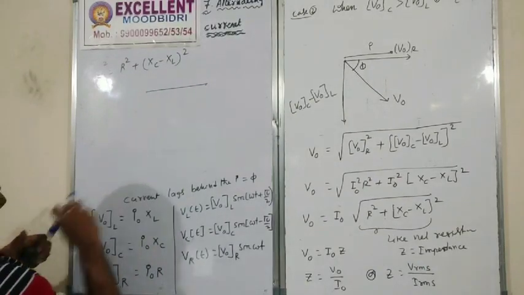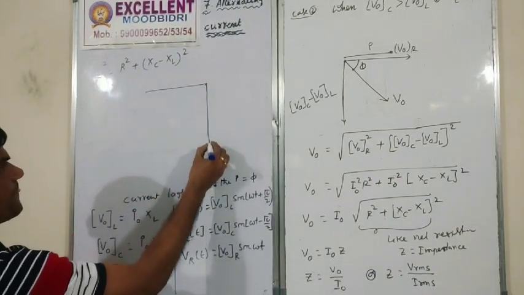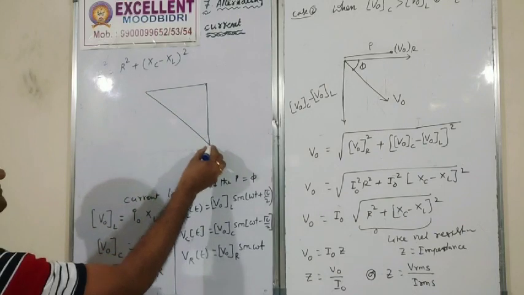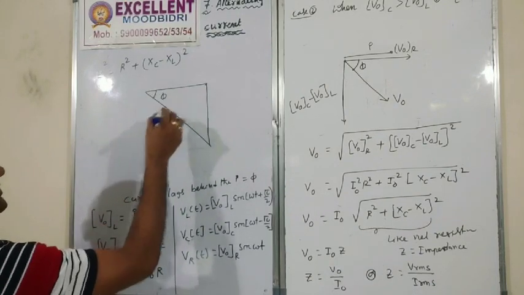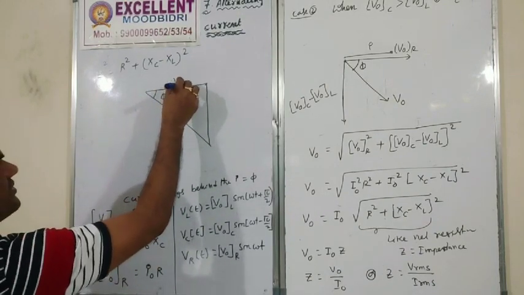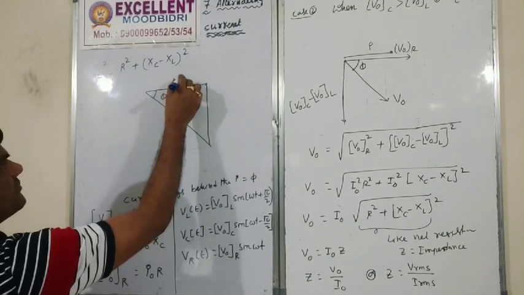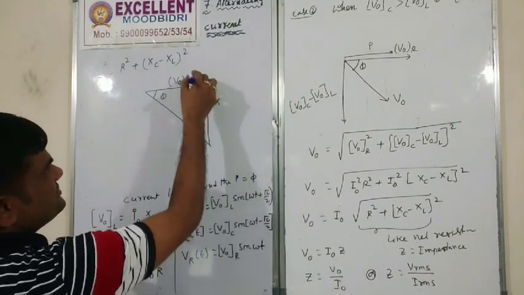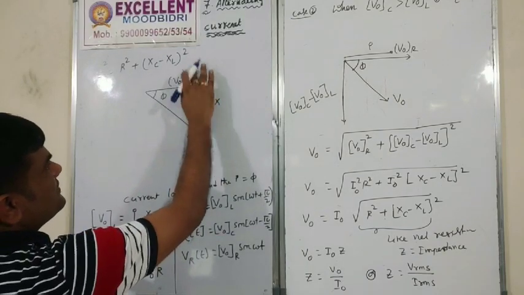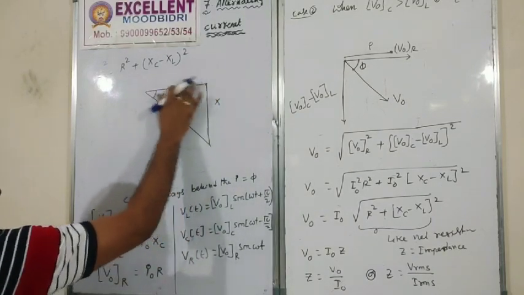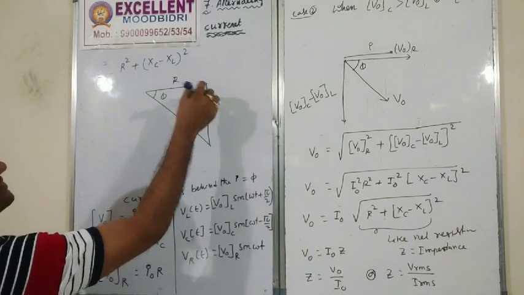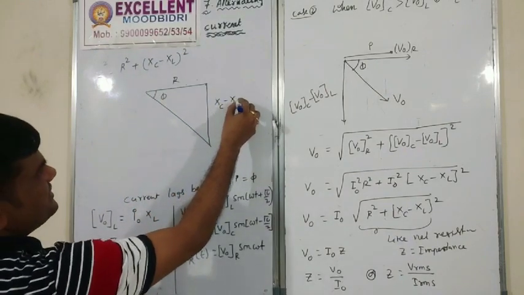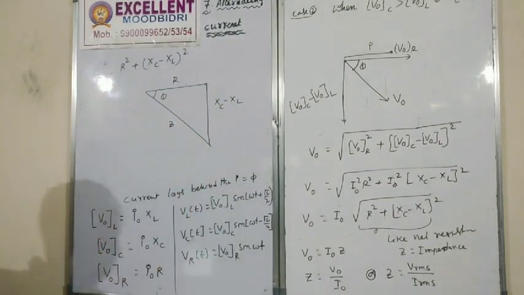We can draw a diagram. This is the phi. This is V naught R, which is nothing but R only. This is R, this is XC minus XL, and this is Z. This is the diagram.